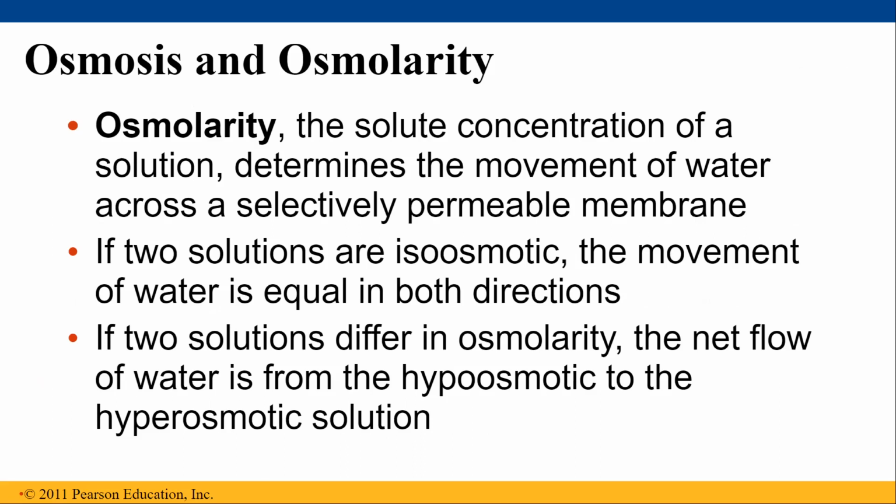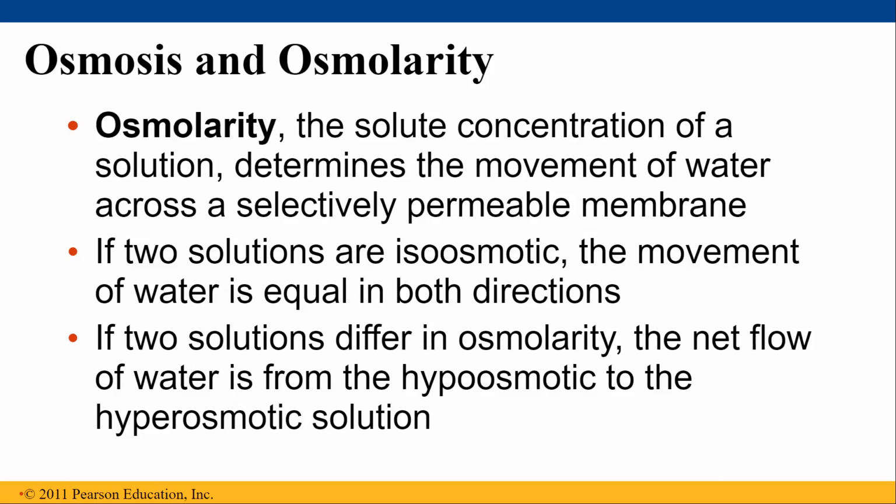Osmolarity is the solute concentration of a solution that determines the movement of water across a selectively permeable membrane. So we've been talking about molarity, we've been talking about solute potential. Osmolarity is just looking at that solute potential as well. So it's just another way of looking at osmosis and the movement of water and the ability to influence the movement of that water.